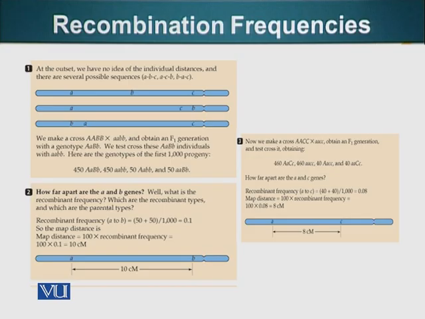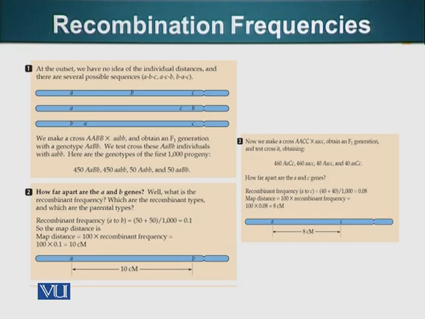The way we will calculate their frequency is, as I have mentioned, we add the recombinant phenotypes, which is 50 plus 50, and divide it by the total number of offspring, which is 450 plus 450 plus 50 plus 50, which equals 1000. So the recombinant frequency is 0.1.